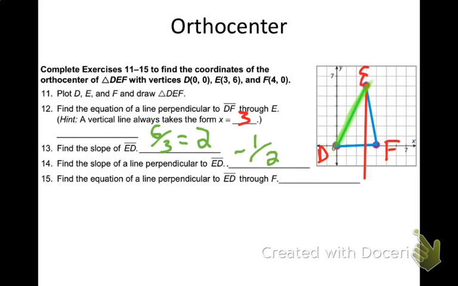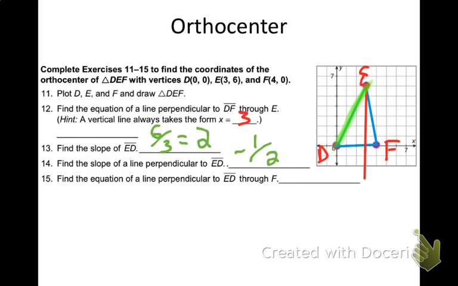So to that green line, which vertex am I going to use? D, E, or F? I have 3 vertexes to choose from. To the green line, I need to make an altitude. Which one, Isabels? F. Very good.